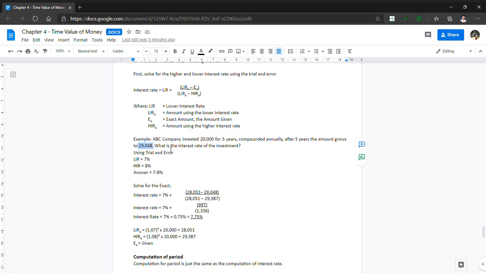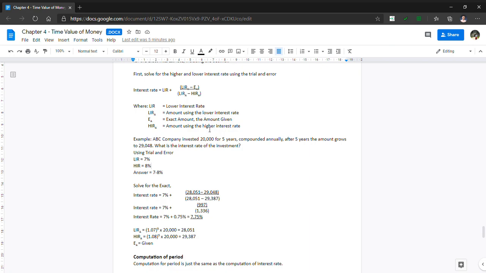So, using 7%, makukuha natin is yung 28,051. Tapos, yung 8% is 29,387. So, dahil hindi natin makuha ang 29,048, it means that the exact interest rate is higher than 7% pero lower than 8%. Right? So, kailangan natin i-compute yung exact amount.